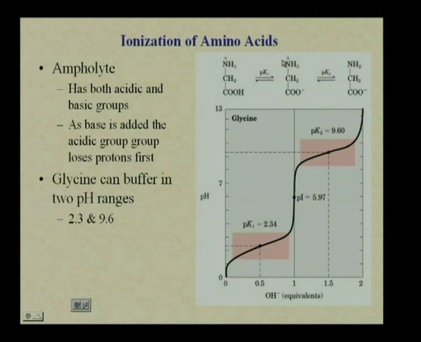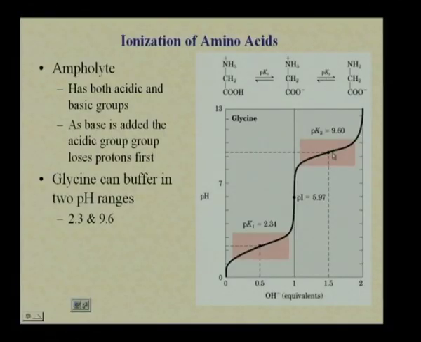This is my HA because now this is my acid, which has this additional H plus added to it. As I add OH minus, I abstract this proton at a particular pH. The pK2 will correspond to a pH where I have equal amounts of this species and this species.